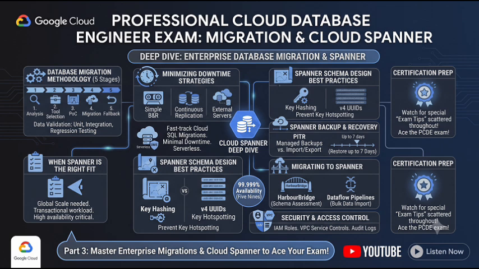Spanner only keeps the absolute bare minimum constraints necessary to prevent the literal structure of the tables from collapsing. Not null constraints, foreign key constraints to ensure relational mapping, and unique indexes. That is it. So the database is essentially saying, I will ensure this field isn't empty, and I will ensure this ID matches a real user. But I am absolutely not doing your complex business math for you.